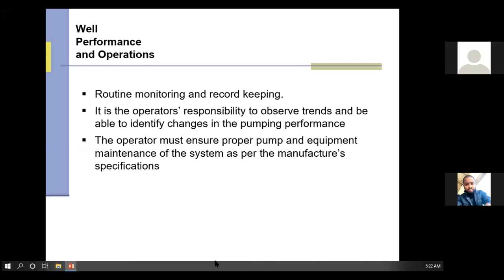What factors have caused this to change? It's your responsibility to observe all the trends, right? To look at what our pump is doing, what our motor's doing, our conditions, the rain, the lack of rain. These are all very important factors when it comes to dealing with these pumps.